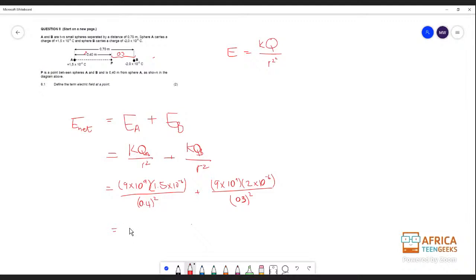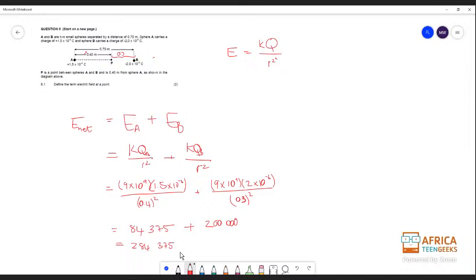Okay, and if I plug this into my calculator, I get a value of 48,375 plus, this gave me a value of 200,000. So if we add them together, it's 284,375.